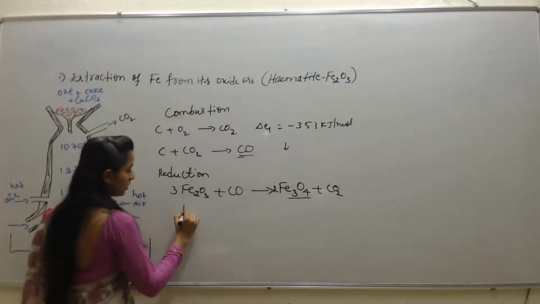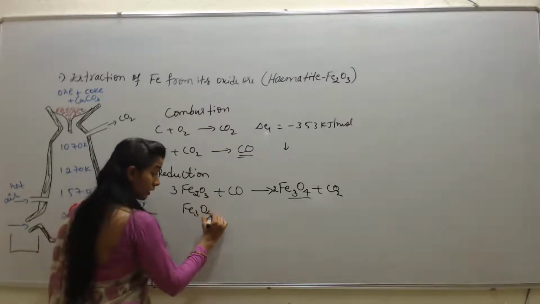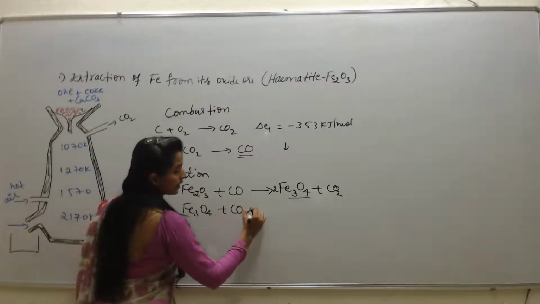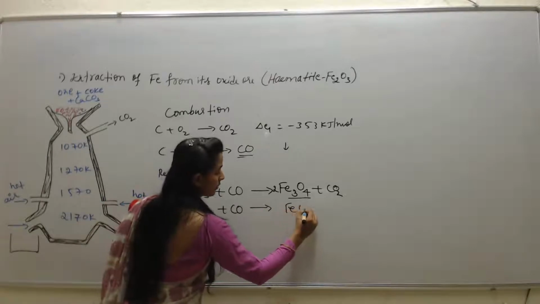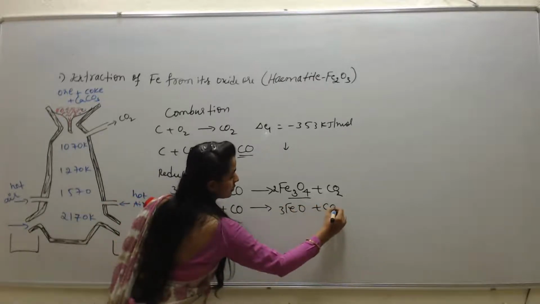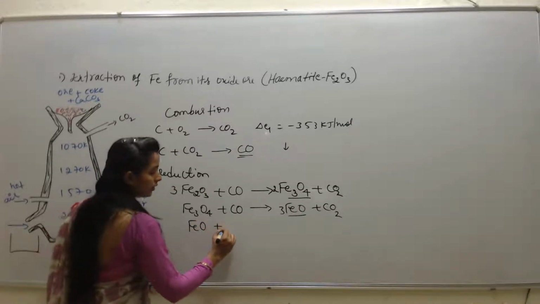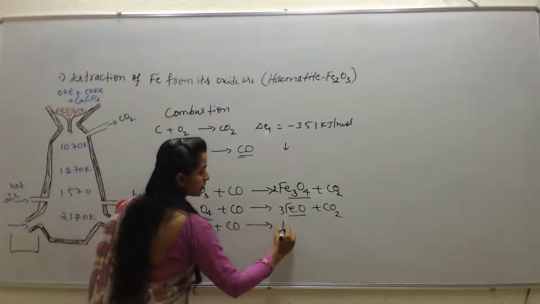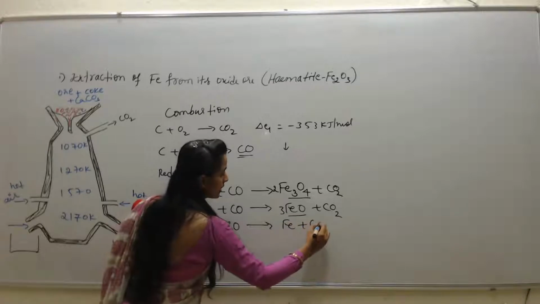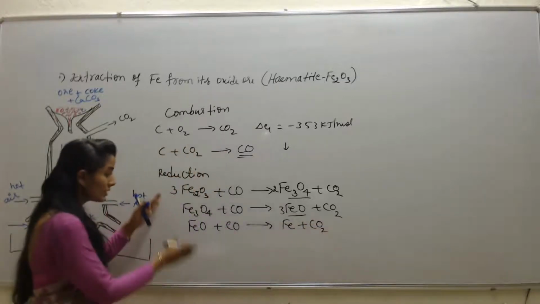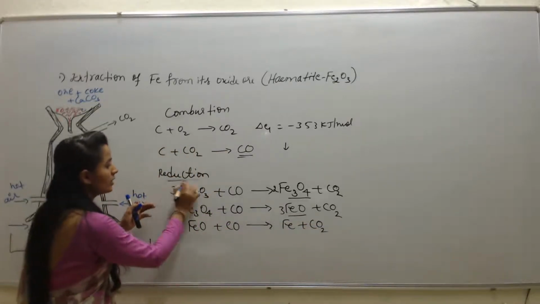This Fe3O4 again reacts with carbon monoxide to form FeO plus CO2. This FeO again reacts with carbon monoxide to give Fe plus CO2. So this is the reaction that takes place in the reduction zone.